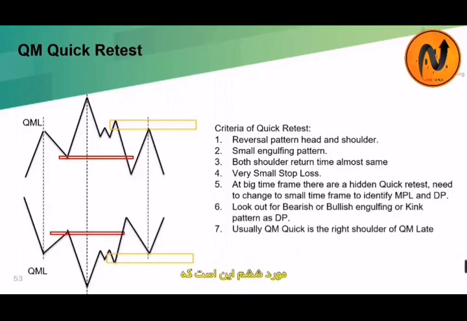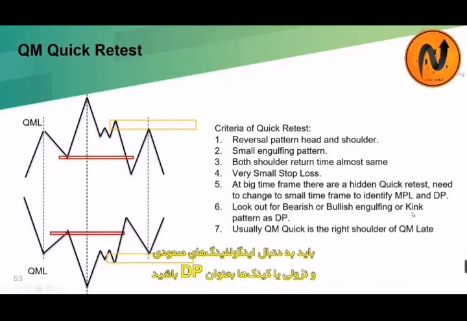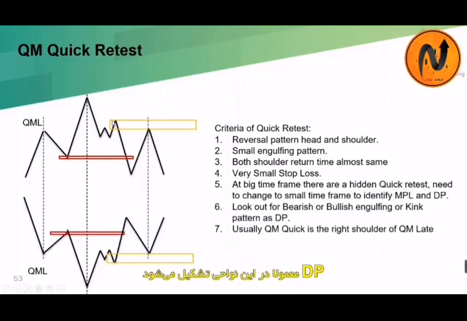So the sixth criteria is that you have to look out for the bearish or bullish engulfing or king pattern as the decision point. The decision point is usually at this area, and the good news is that it's very, very obvious.